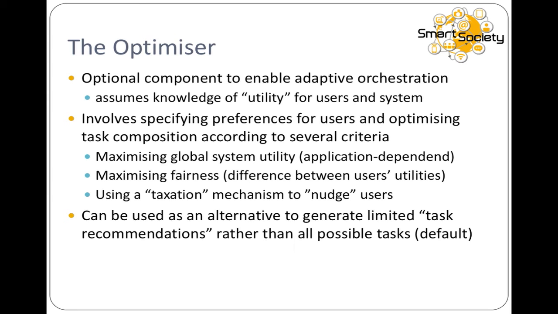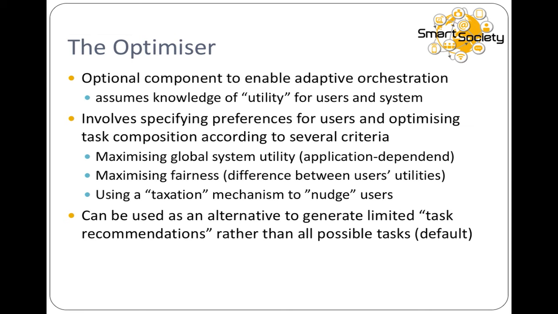Finally, the optimizer also involves calculating incentives that will nudge users to behave in a certain way. While we don't restrict users' autonomy, and any user may engage in any task they like, we generate a taxation mechanism which introduces very small disincentives for those tasks that would not be globally beneficial.